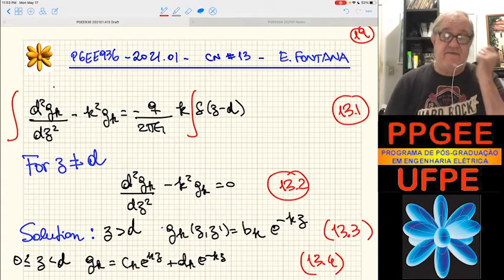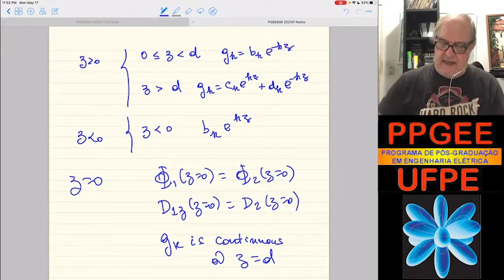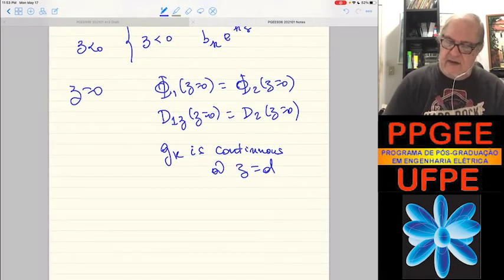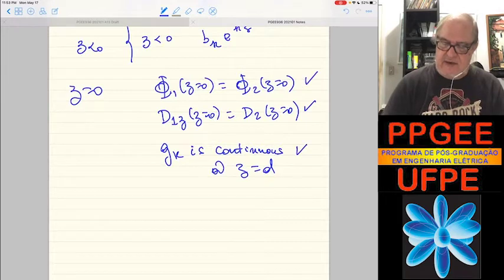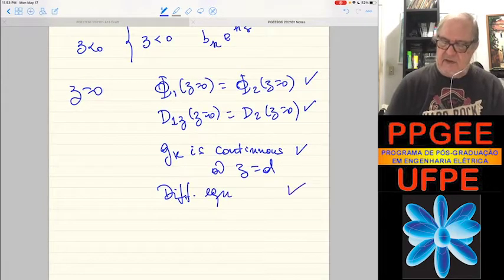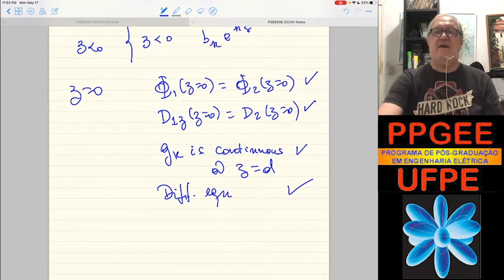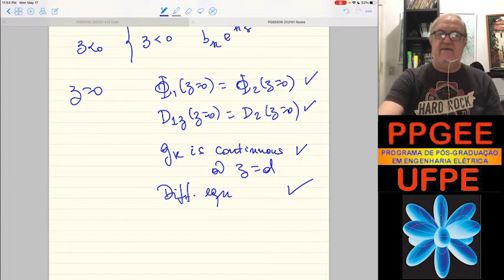Okay, so that's the 4th equation that we needed. So 1 equation, 2 equations, 3 equations, and the 4th equation uses the differential equation. So we have 4 equations for 4 unknowns. You have all the details in the class notes, and we can solve for the 4 parameters.